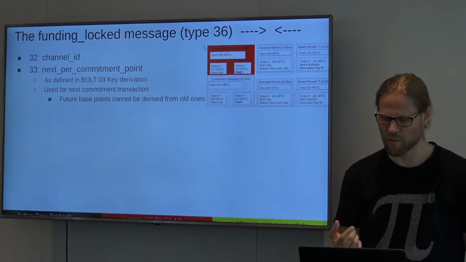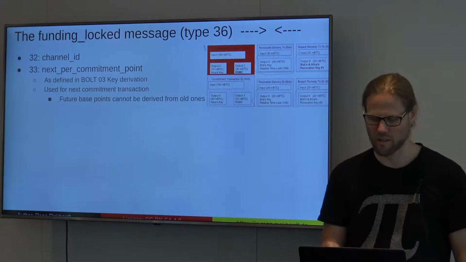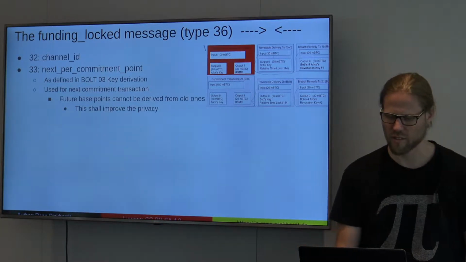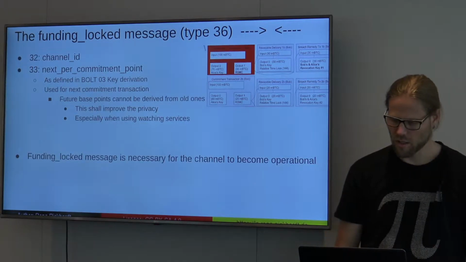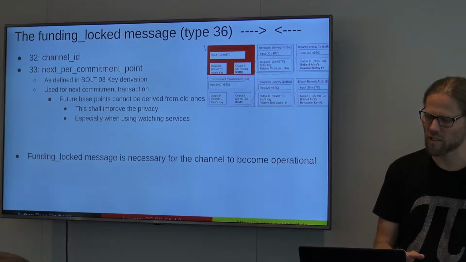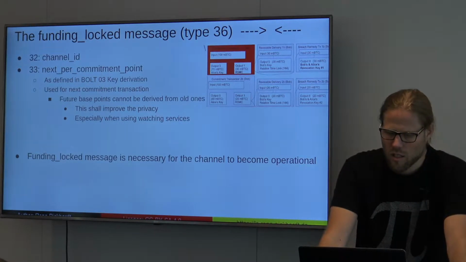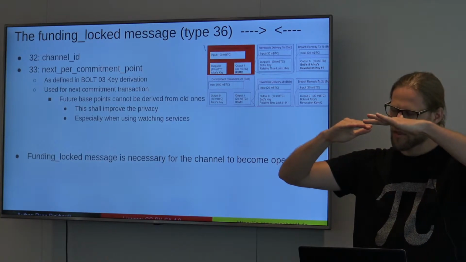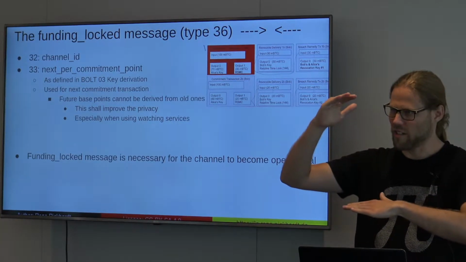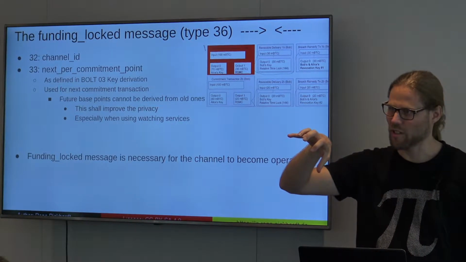And future base points cannot be derived from old ones. But I think old ones can be derived from future ones. And that's a pretty good thing. And the funding locked message, yeah? What key is that you derived again? So there are several base points, right? In the commitment transaction, you have the commitment base point.